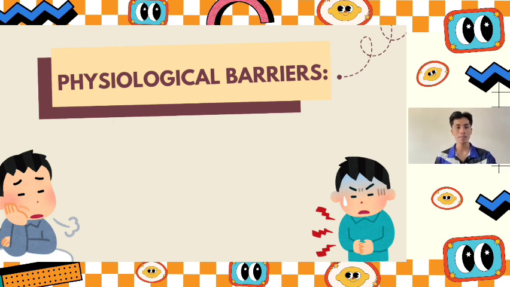Next one is poor eyesight. While seemingly unrelated to hearing, poor eyesight can indirectly affect listening by reducing the listener's ability to read lips or follow visual cues that accompany speech, especially in situations where the auditory signal is weak.